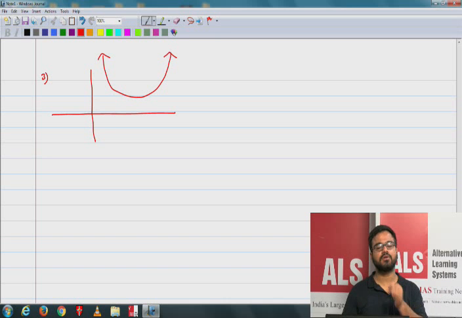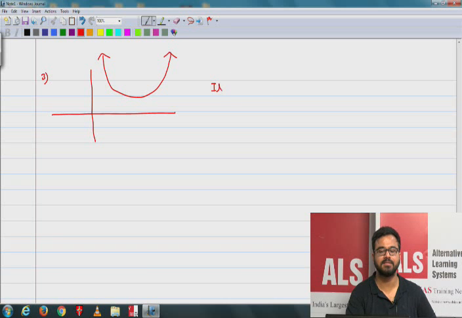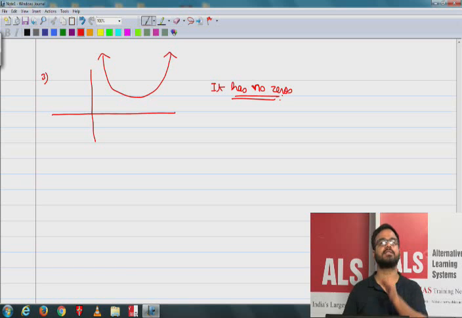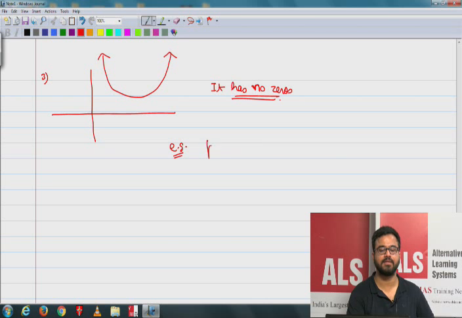So since it is not intersecting or touching the x-axis, we will say it has no zeros. The zero does not exist for this one since it is not intersecting nor touching the x-axis. And we can take the example of this one as, let's say, p of x is equal to, since we have to take a quadratic polynomial which has no zeros.